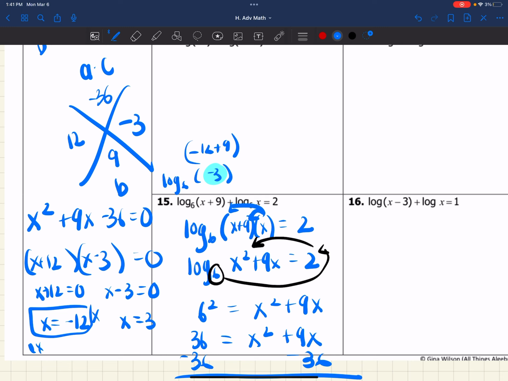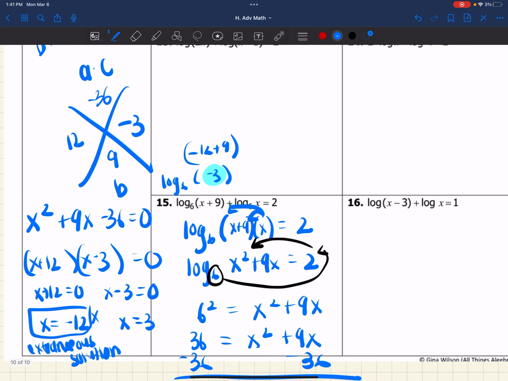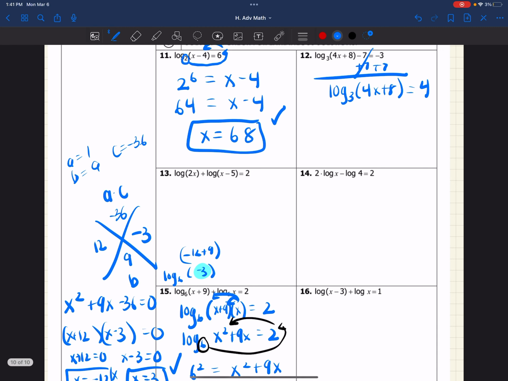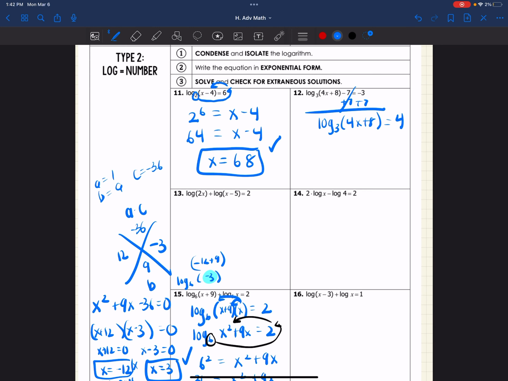It is what we call an extraneous solution. However, if I substitute in a 3 right here and right here, 3 plus 9 is a positive 12, and right here would just be a 3. So this is my only true solution for this logarithm. Negative 12 is not a true solution because it gives you a negative inside the log. You cannot take the log of a negative number.